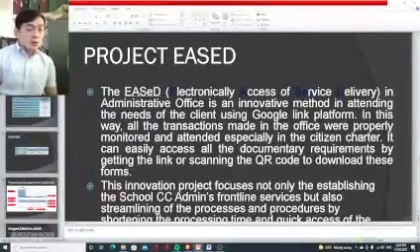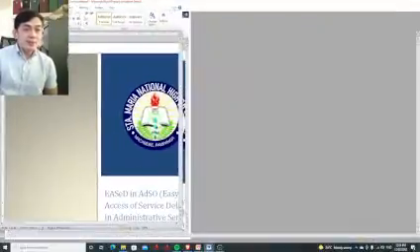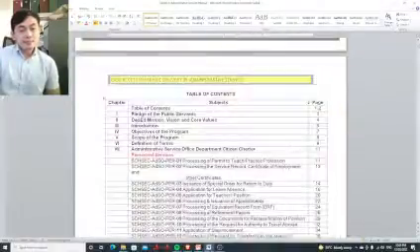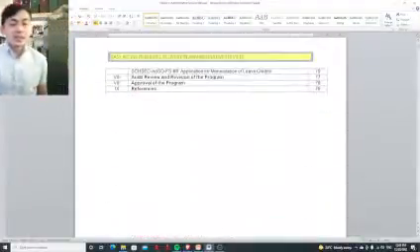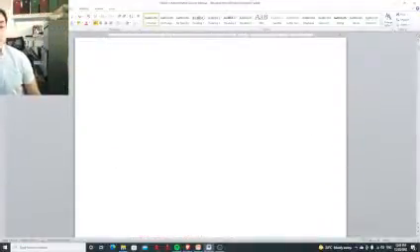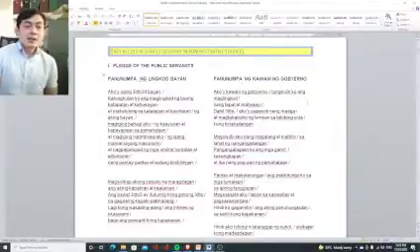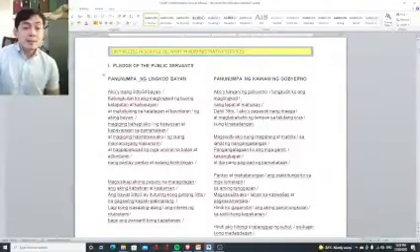Now I'm going to show you my sample. This is my manual, actually. I formulated the table of contents of my manual, and then I included the pledge of the public servants in the Philippines, the Panunumpa ng Kawani ng Gobyerno.